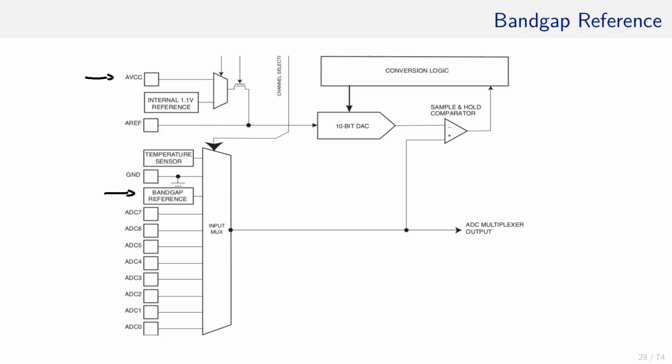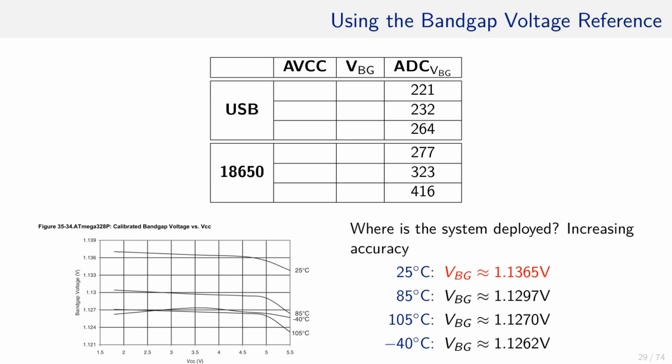What is the Bandgap Reference? The bandgap reference is a voltage that is internally generated. The ideal bandgap reference is independent of the input voltage, manufacturing process, temperature, etc. However, in reality, this is not the case.